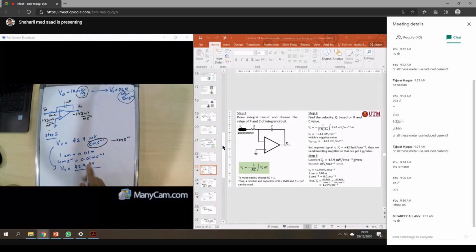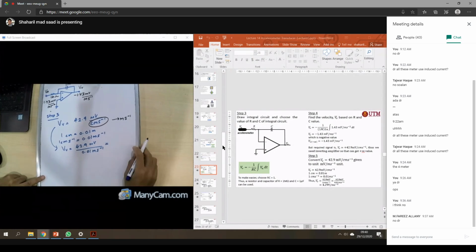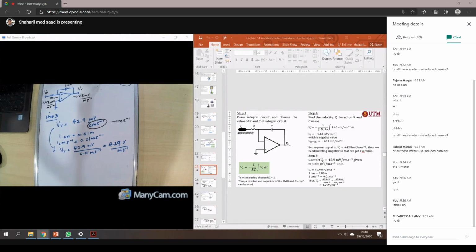Centimeter per second equals 0.01 meter per second. Then you got 4.29 volt per meter per second. Okay. So we have achieved this standard value.